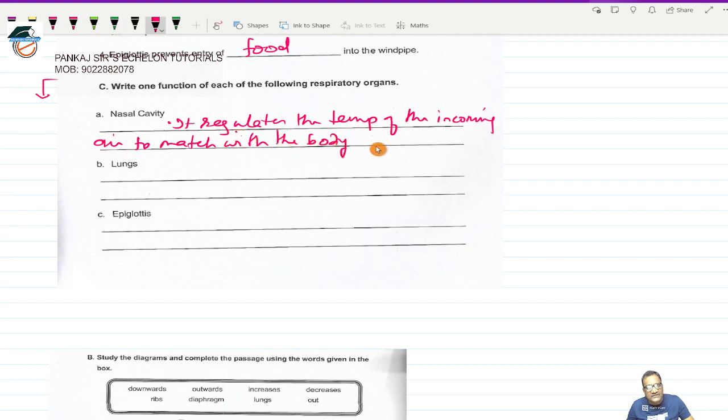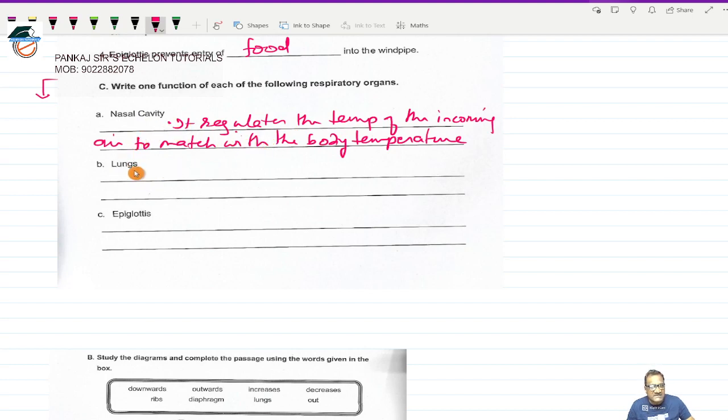There are other functions also, but this is a very important one. Regulates means if the temperature of the incoming air is less, then it will increase the temperature, and if the temperature of the incoming air is more, then it will reduce that temperature to match with the body temperature, so that the temperature of the body and the incoming air becomes the same. That is the main function of the nasal cavity.